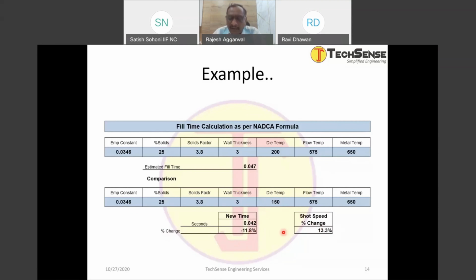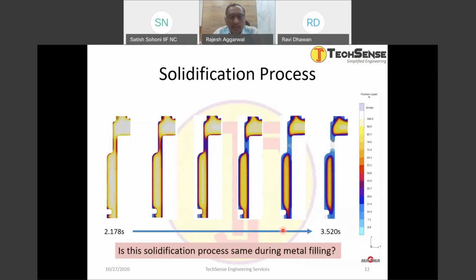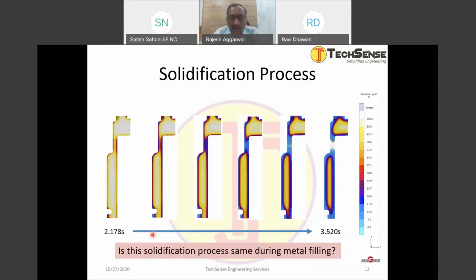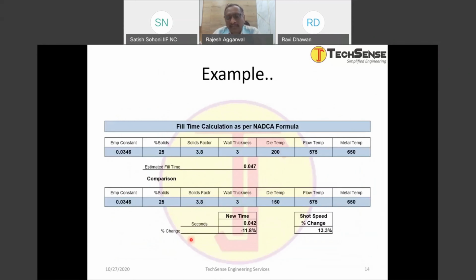Now, if you recollect, we had a formula over here with the temperature difference. Let me repeat, if the temperature difference is more, the rate of heat transfer, the heat conduction, will be more. Meaning the temperature difference over here is more, the rate of heat transfer will be more, so the cavity fill time required will be less.